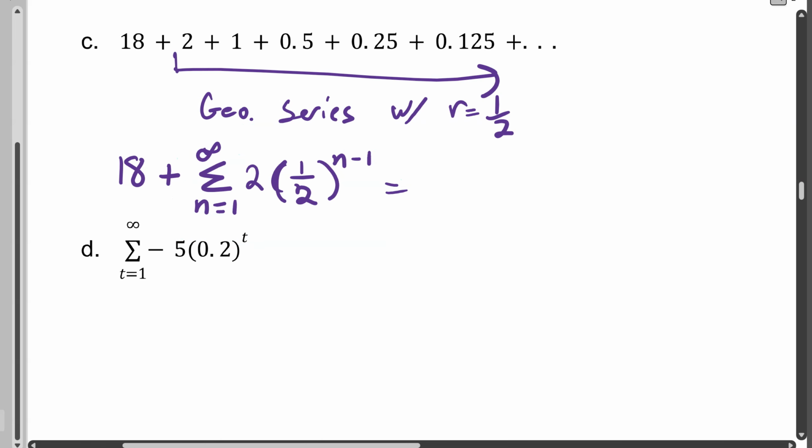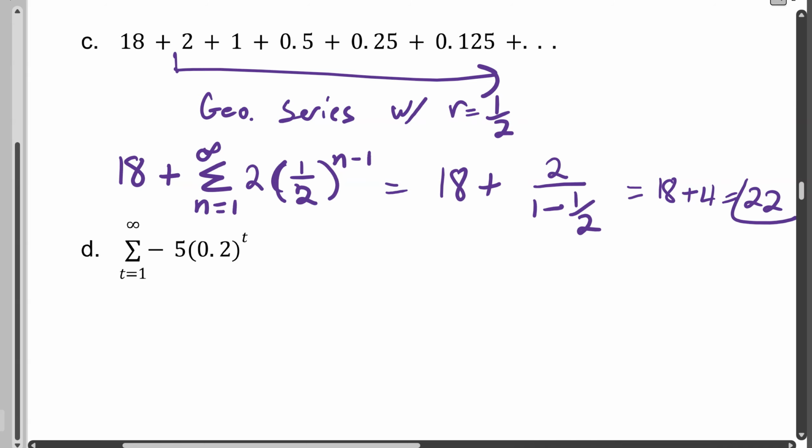So that would be 18 plus whatever that sum is, which is my first term divided by 1 minus my common ratio. So that's the same thing as 18 plus 4, which would just be 22. So if you sum up all the terms of the series, they should sum to 22.